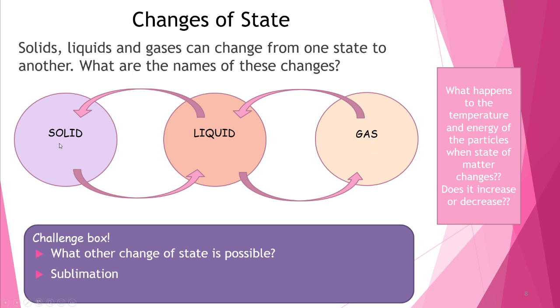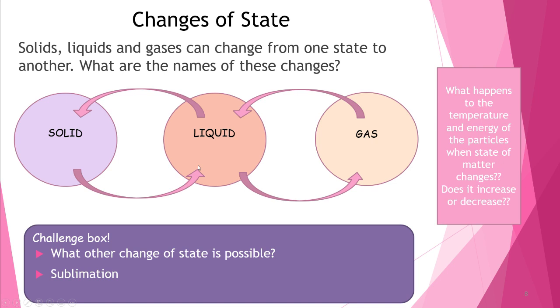Okay, so when we're moving from solid to liquid, liquid to gas, does the energy increase or decrease? Our answer is it increases. Energy increases from solid to liquid, because particles need some energy to move away from each other and start flowing.